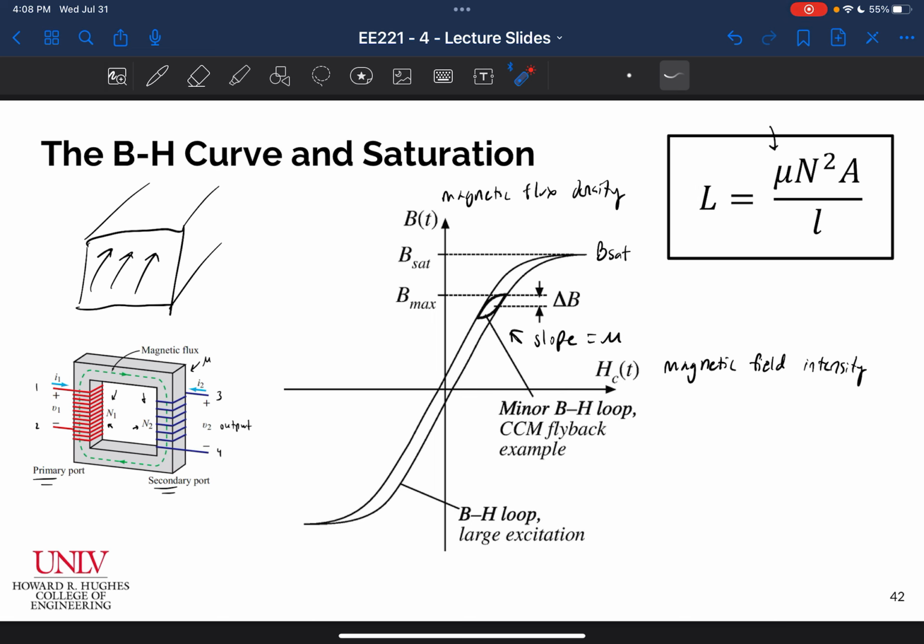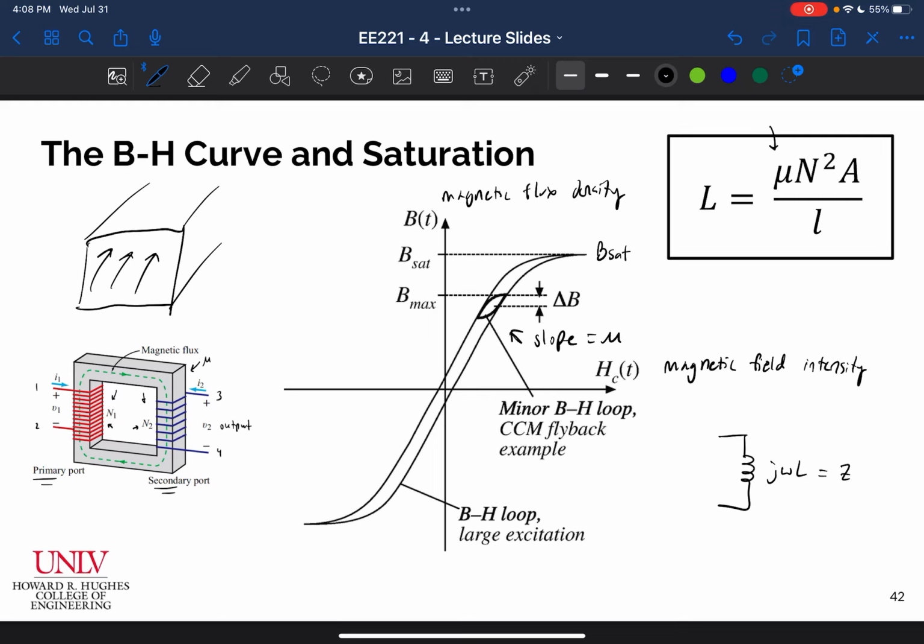And what that means, as this slope goes to zero, is the permeability of the material goes to zero. And if the permeability of the material goes to zero, that means the inductance goes to zero, right? And that's bad, because if you remember, and you should remember, the impedance of an inductor is j omega L, right?